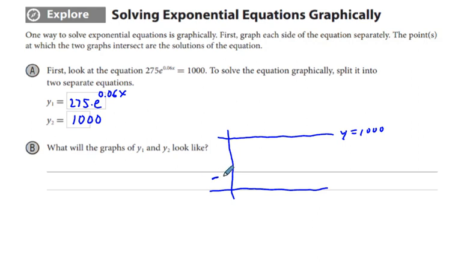Your starting value, the y-intercept, is going to be 275, our initial value, and then the curve is going to go up like this, and eventually there's going to be an intersection point, which will give you the amount of time that it took for this $275 to become worth $1,000. So that'll be our solution. That's basically what it's going to look like.